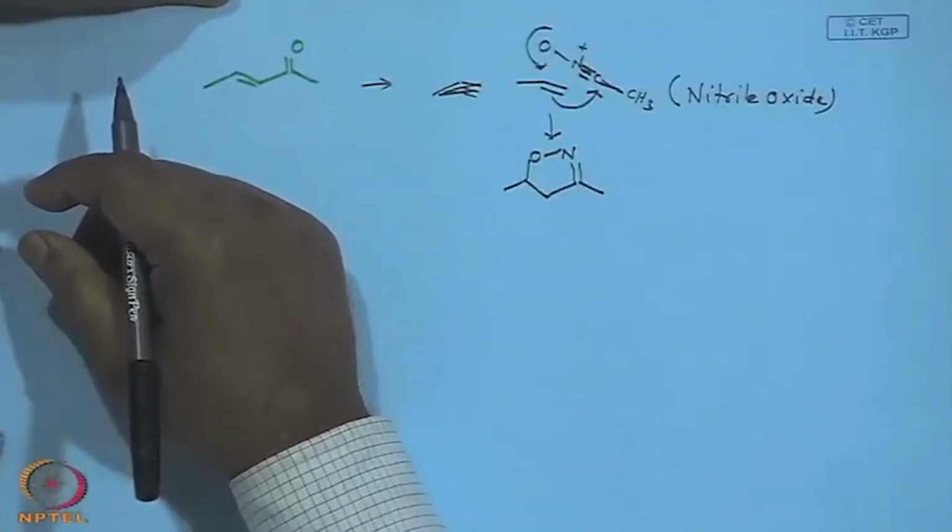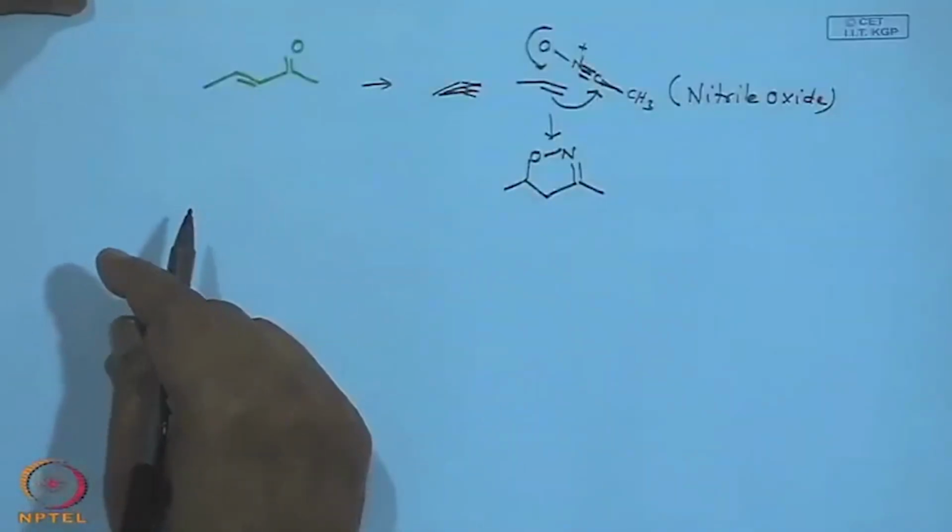All of you know this process is known as 3+2 cycloaddition. Probably either in the next class or the class after next, we will be talking about cycloaddition reactions in heterocyclic compounds. This is a pretty useful one, very simple, neat and clean, just mix them and the reaction goes, and often they are regioselective and also stereoselective. Okay. Now, you want to make use of this compound, what do you do?